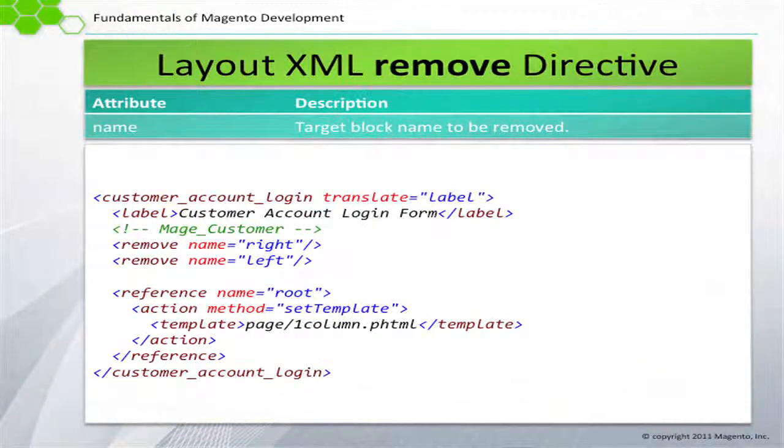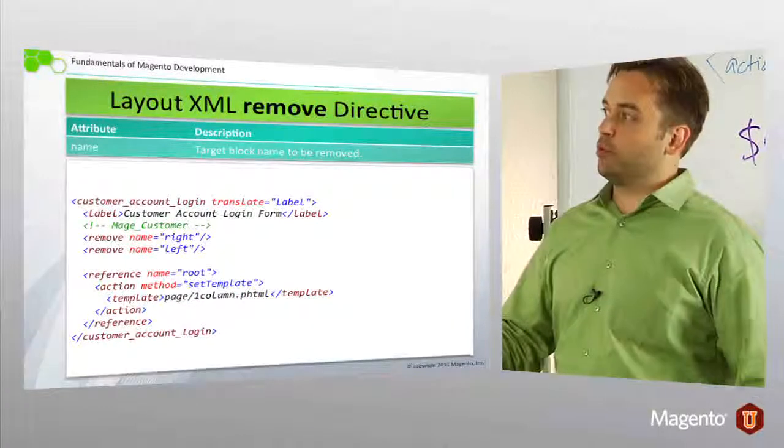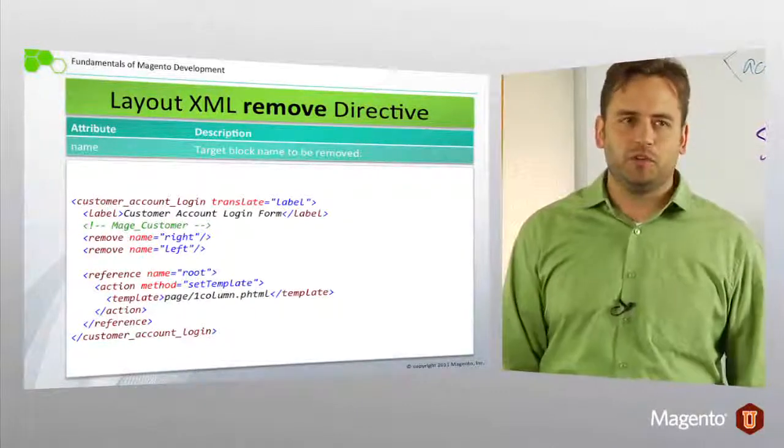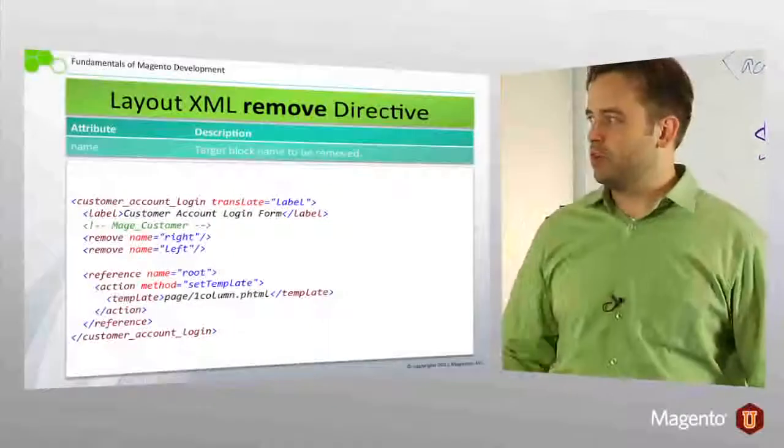All right, so the remove directive again just specifies a name, not an alias, but a name of some block somewhere. And this happens for the customer account login page. Remove name right, remove name left. You could probably say, why wouldn't you just use the one column template?